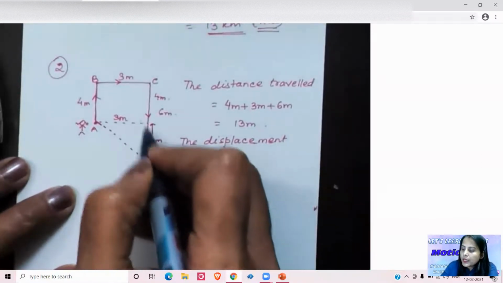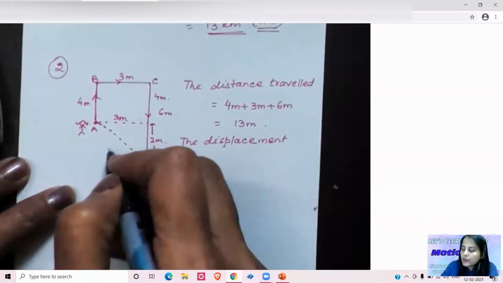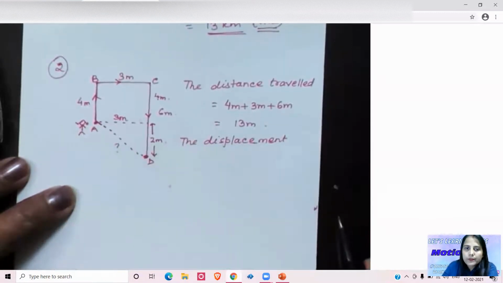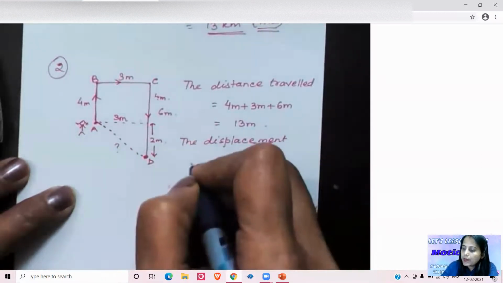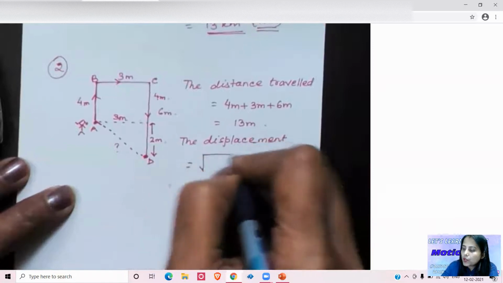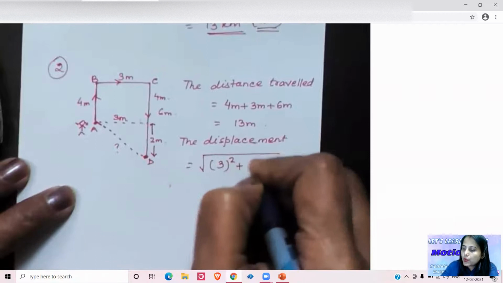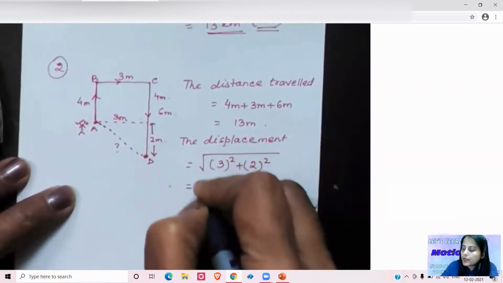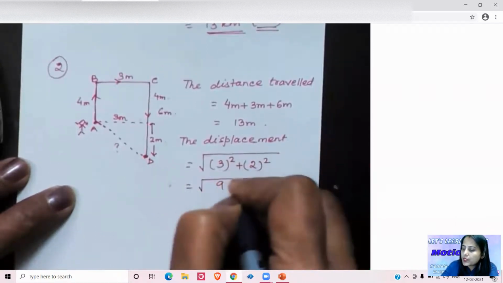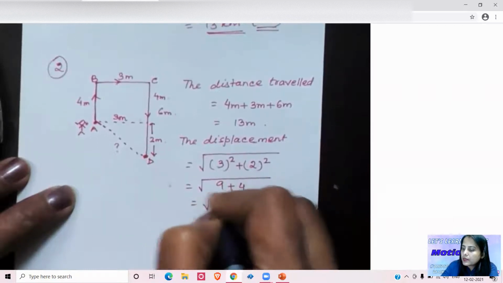So we got the base, we got the perpendicular. Can't we find out the hypotenuse? Yes, simple, the same method: square root of 3 square plus 2 square, that will be square root of 9 plus 4, that is square root of 13.